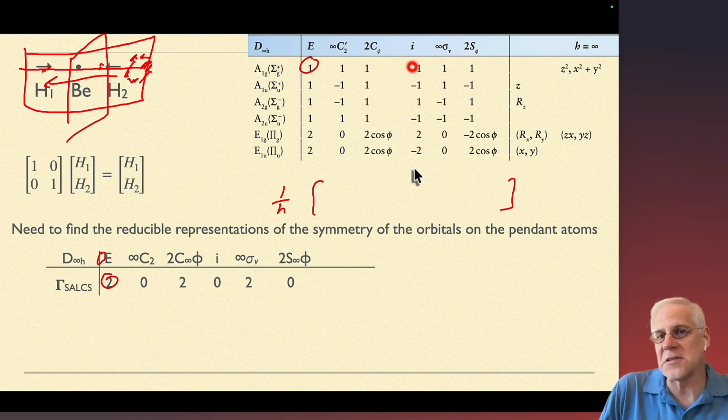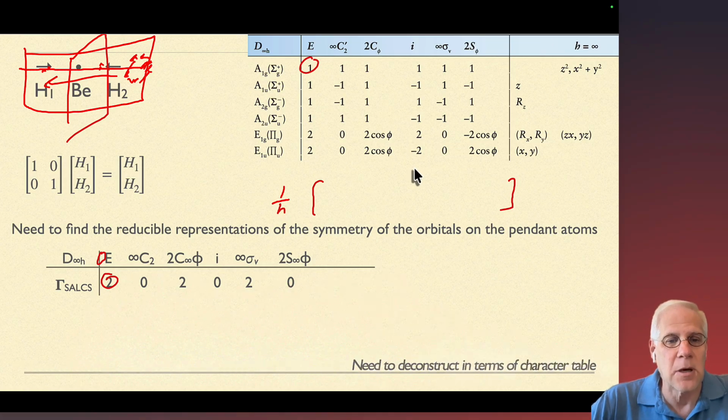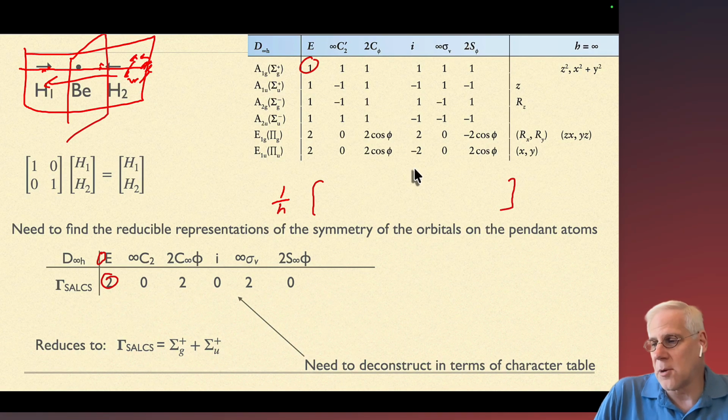And so if we can just find something that adds to this group that will create this set of values, then we should be okay. And if we do that, we end up with sigma g plus and sigma u plus. And we can see if we add those together, it's just the A1g and the A1u.